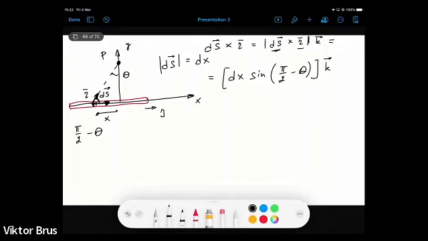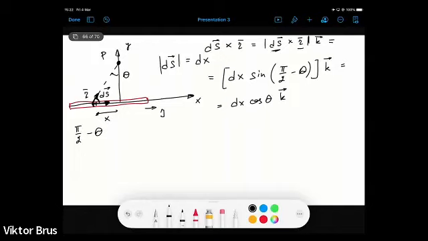It is possible to simplify this considering trigonometrical relationships. We can write that this will be equal to dx times cosine theta times the k unit vector.